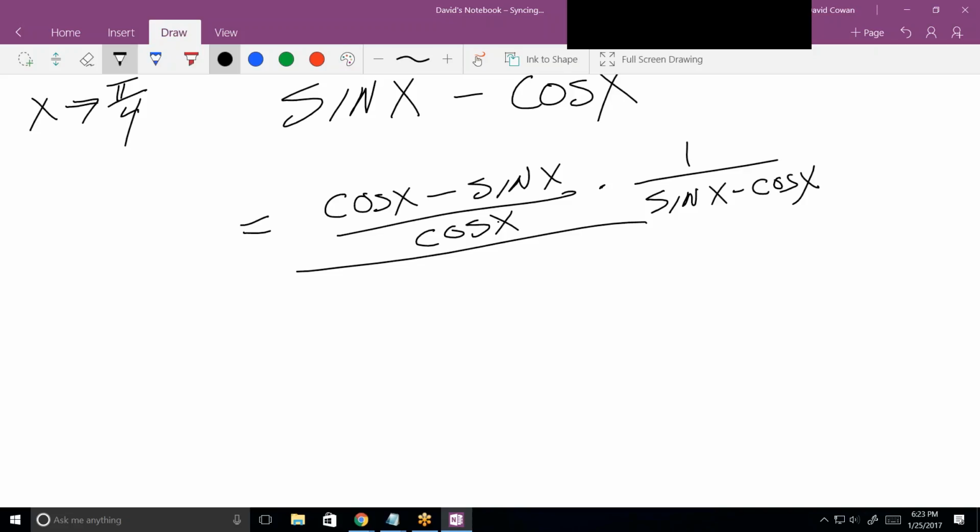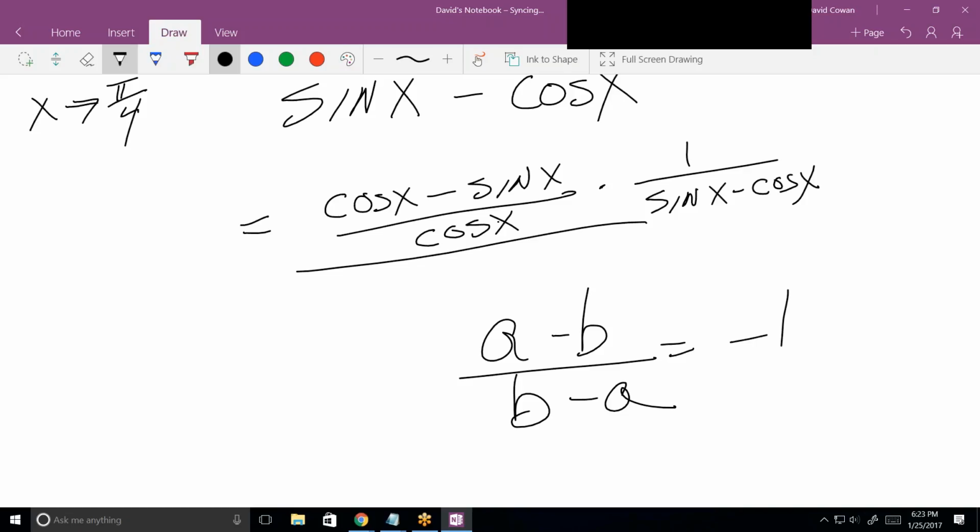It's minus 1. A minus B over B minus A is minus 1. Notice why. I can write B minus A as negative A minus B, like that. And A minus B over negative A minus B is negative 1.